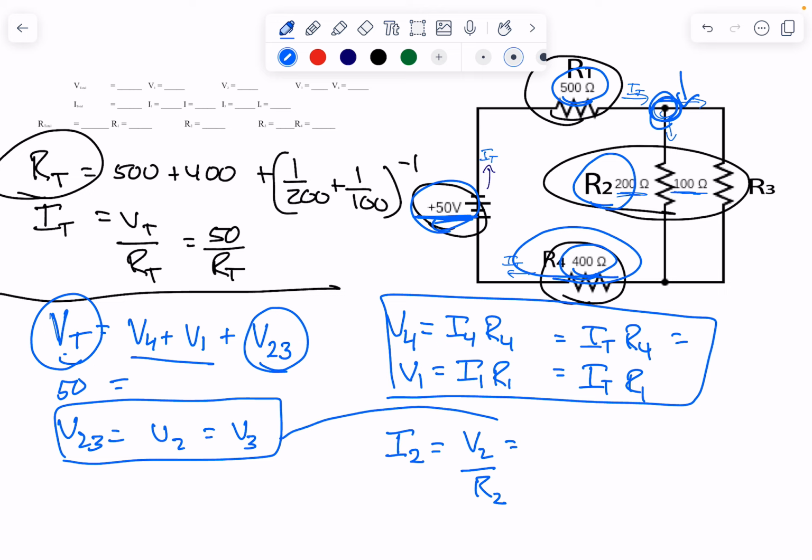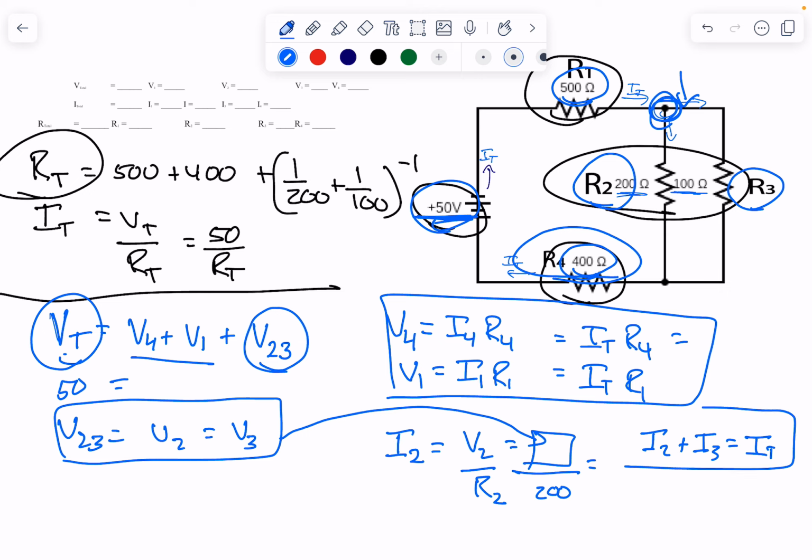That number goes here, right? And then R2, in this case, is just 200. That's just given, right? And then that will give you the current, and you do the same process to find I3. Now note, I2 plus I3 has to equal I total. And then you can figure out what's going on in this circuit.